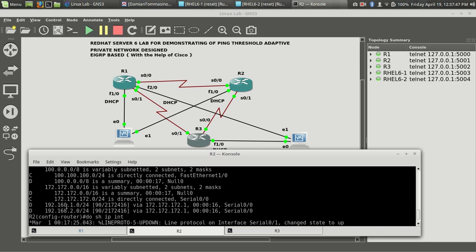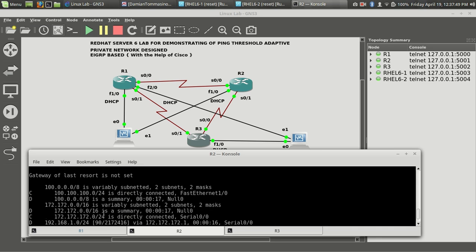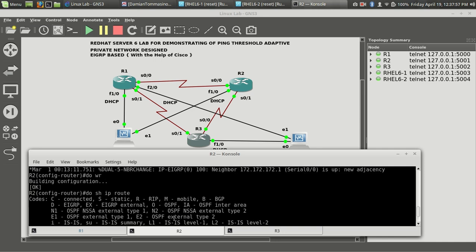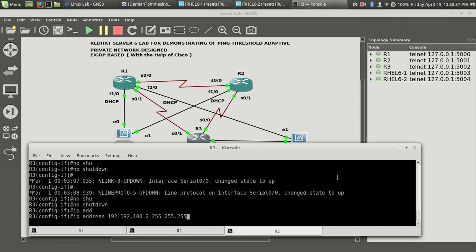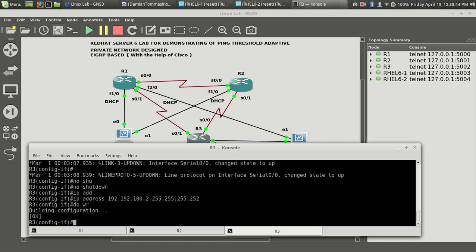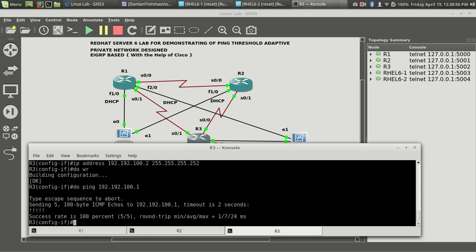Where is my 192 presently? I'm over router 2, serial 0/1, maybe I have configured a 252, 32-bit CIDR, right? Do ping, I am able to ping 192, sorry, 100.1. Yes, I am able to ping.